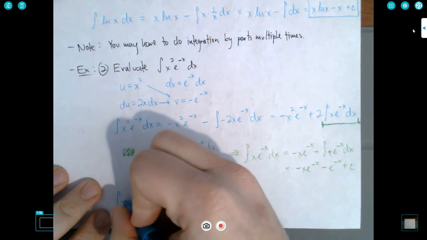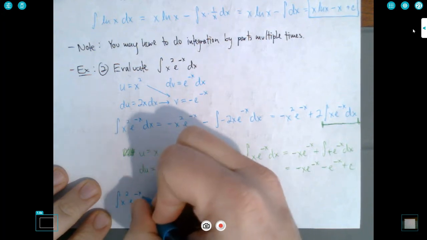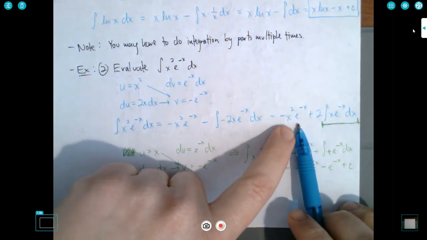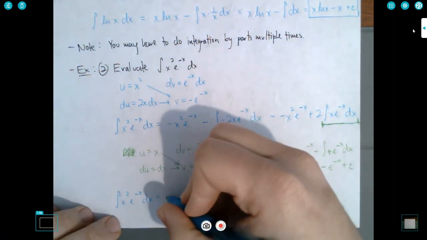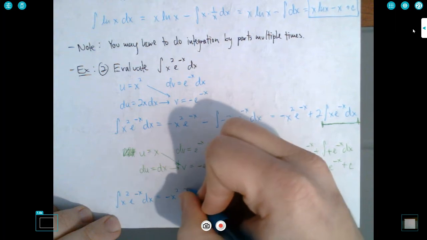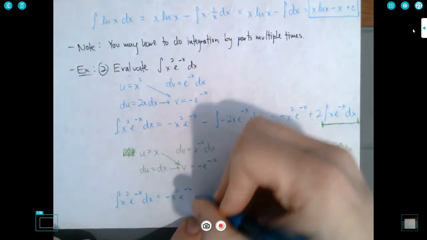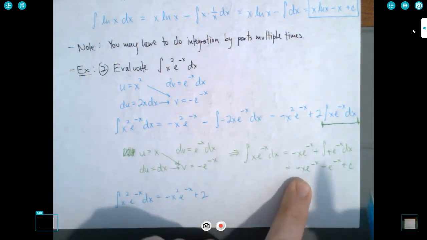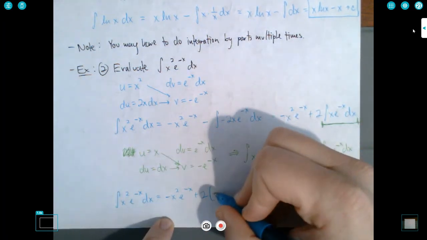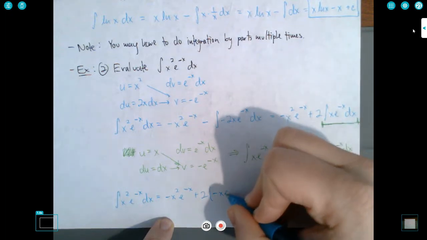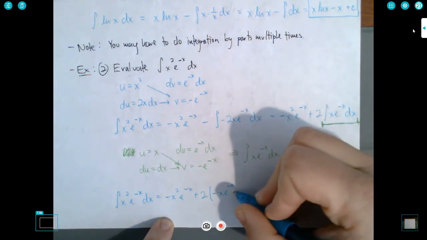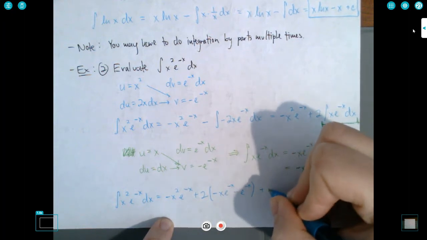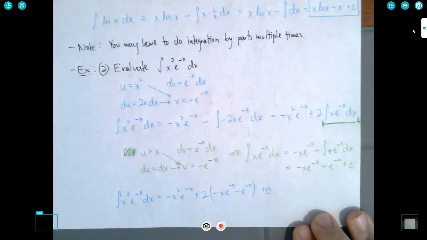So the integral of x squared e to the negative x dx is going to be negative x squared e to the negative x plus 2 times this integral, which is this thing here. Negative x e to the negative x minus e to the negative x. And then we'll just say plus c, right?